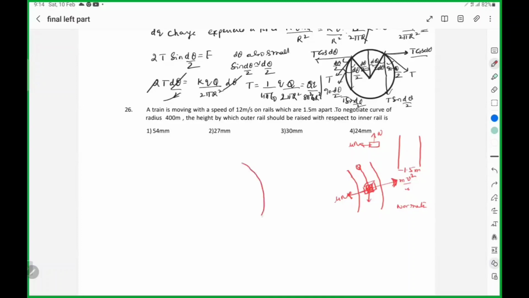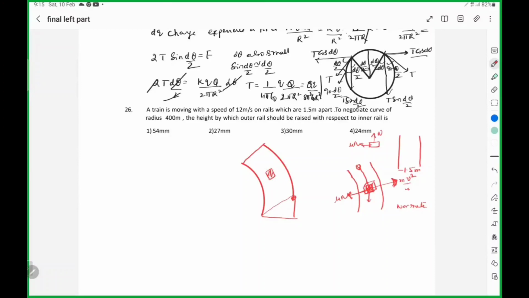Now here, what force will support in this case?